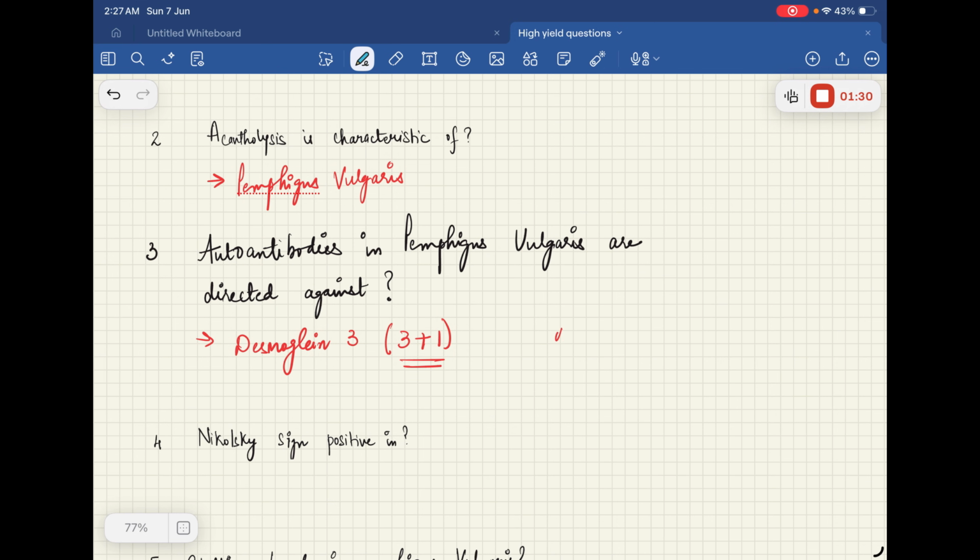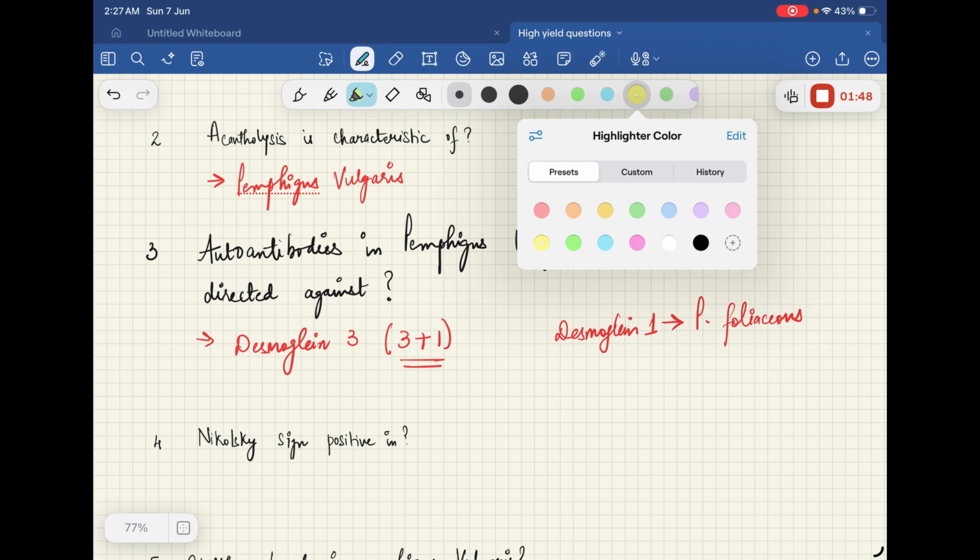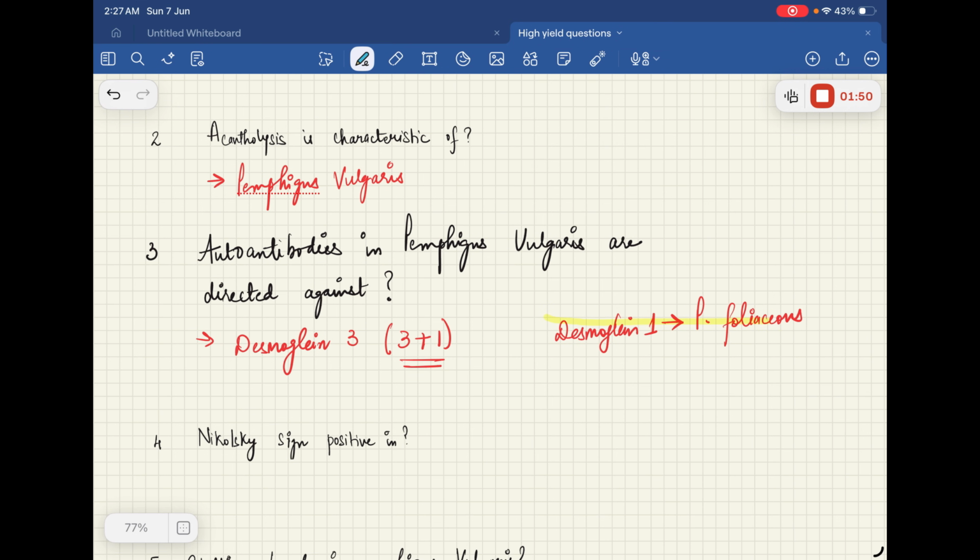If only desmoglein 1 is involved, it is indicative of pemphigus foliaceus. So remember, desmoglein 1, pemphigus foliaceus.